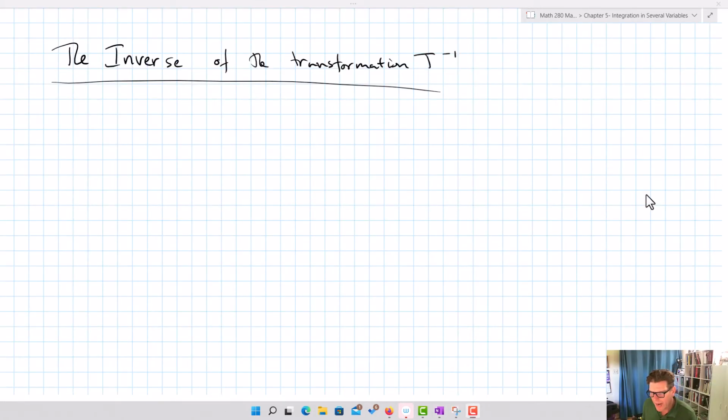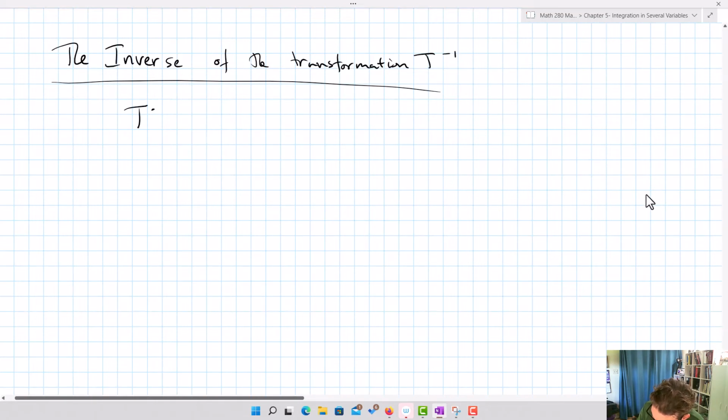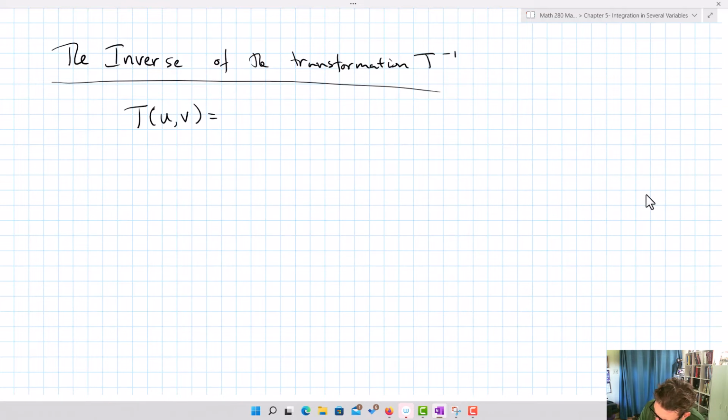So if we have a transformation T, and we'll say that T of uv is going to equal xy, all right? Then sometimes what we're going to need is a T inverse of xy, and that'll end up giving me uv, okay?